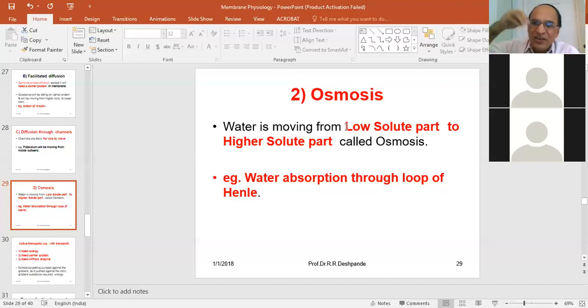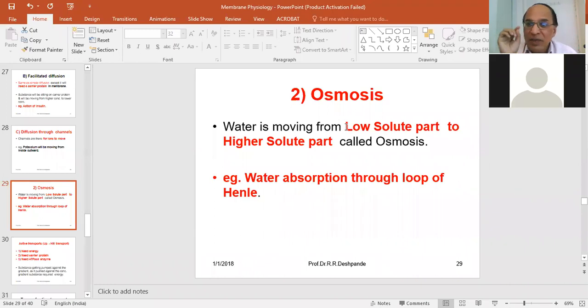Whatever elements are mixed in the water, that solution becomes the solute. So when minerals and all these compounds are less in the fluid or in the solvent, that is called low solute. And when there are more salts in the water, that is called the higher solute part.